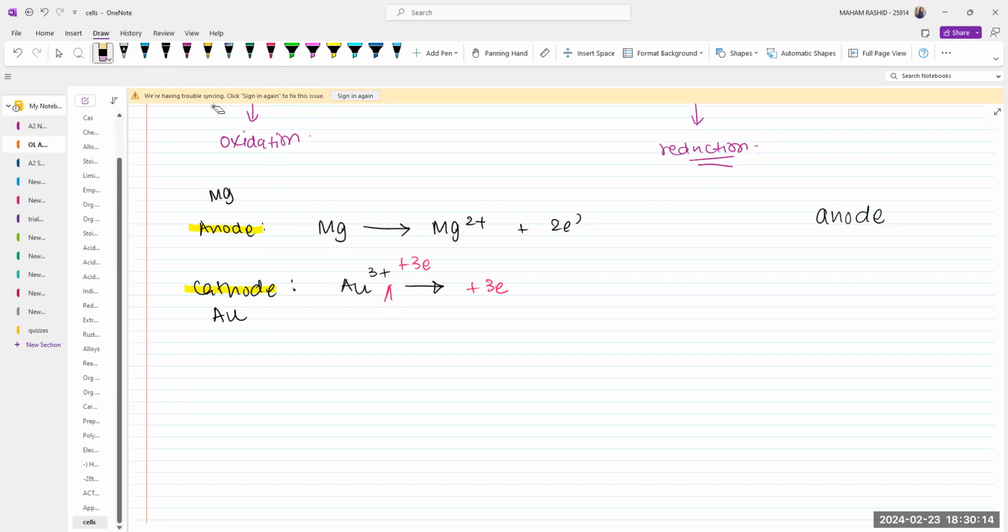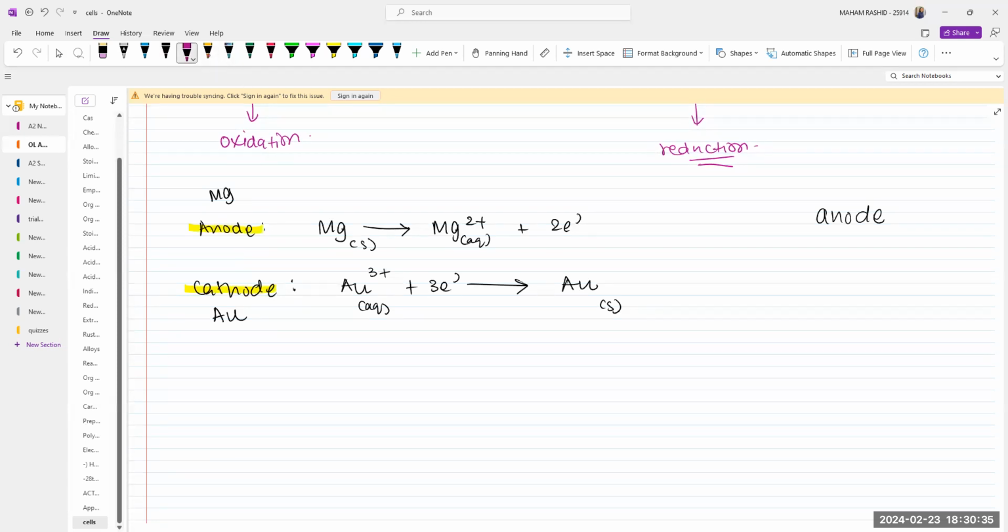Before the arrow, right? Because it's a cathode equation, it's getting reduced. So it's Au3+ plus 3 electrons, giving you just Au. So this is aqueous, this is solid, this is aqueous, and this is solid.